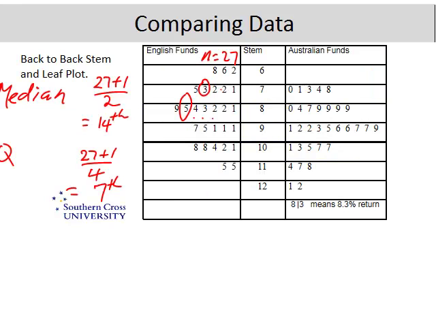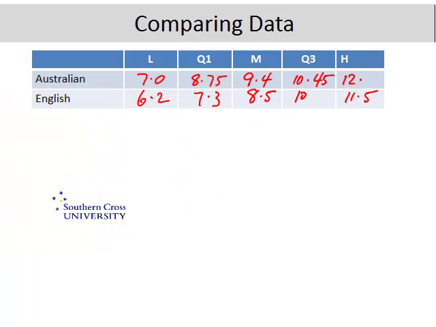And our Q3 is 3 lots of 7, which is the 21st score. So where were we? This was the 14th, 15th, 16th, 17th, 18th, 19th, 20th. So that's our 21st score, and that's 10.1. So we can put 10.1 into our table.